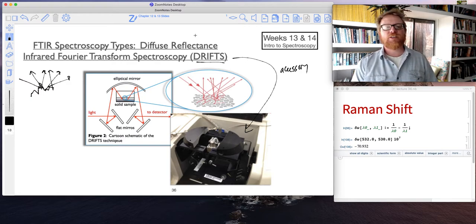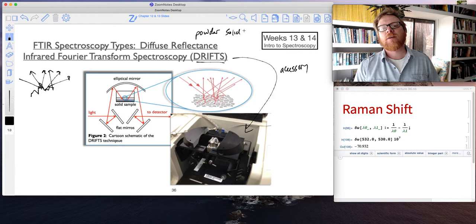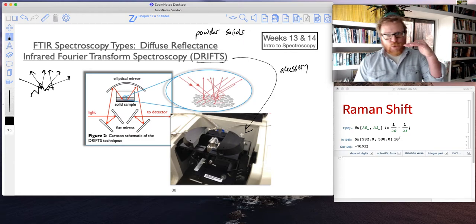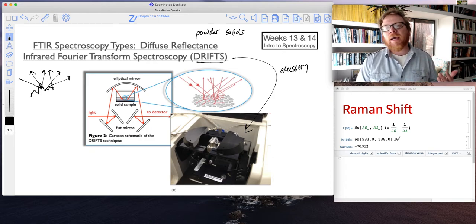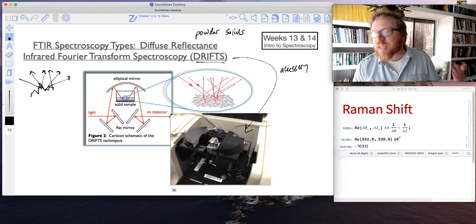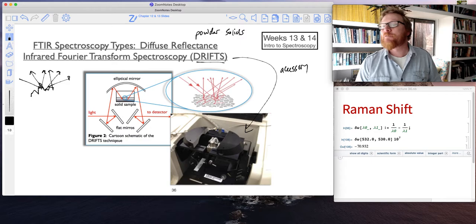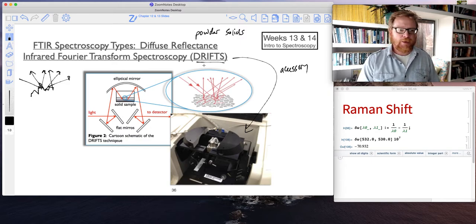So DRIFTS is used for powder solids, and powder solids only, because if you have a smooth solid that you put in there, you're going to get predominantly specular reflectance, okay? Which could also be a technique, but that defeats the point of doing diffuse reflectance, right? So diffuse reflectance is for powder solids, okay?